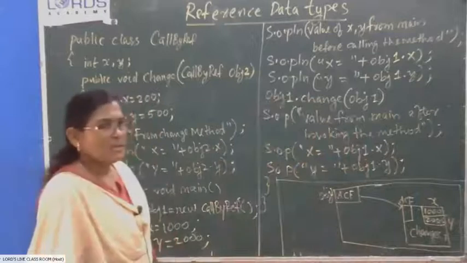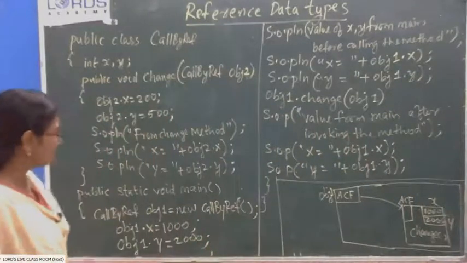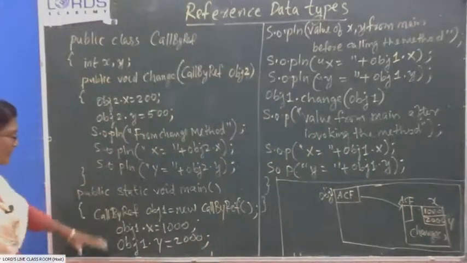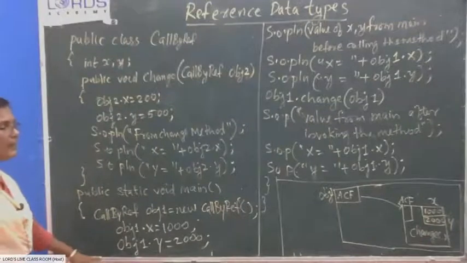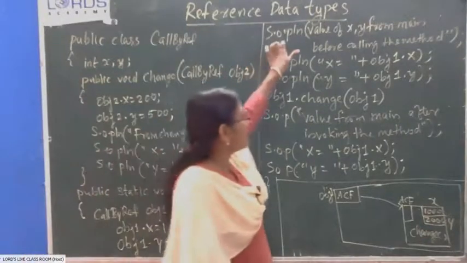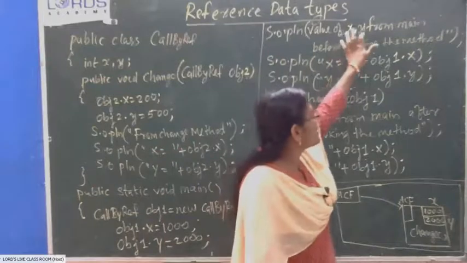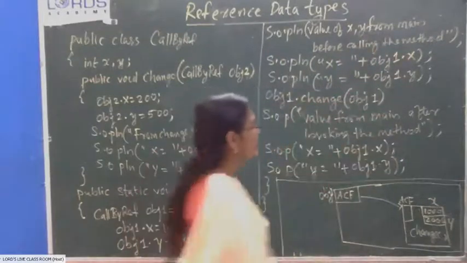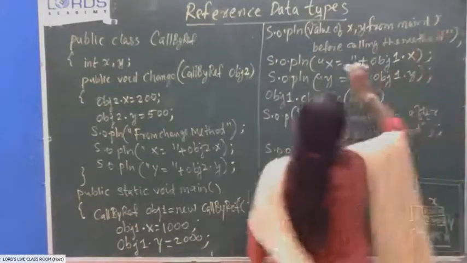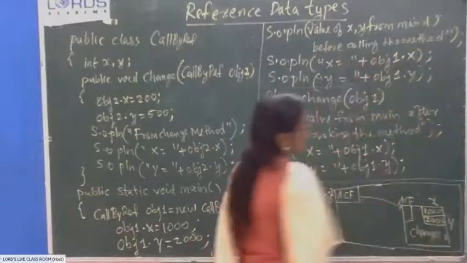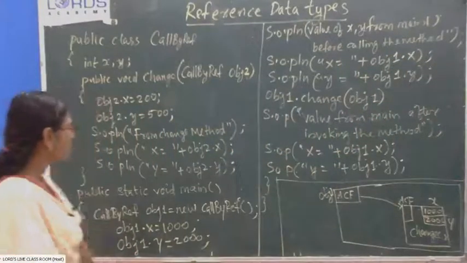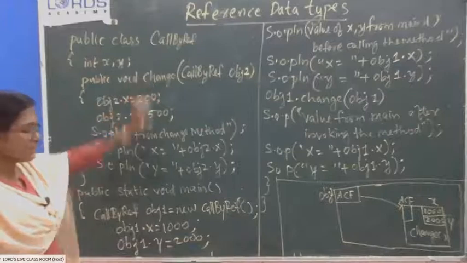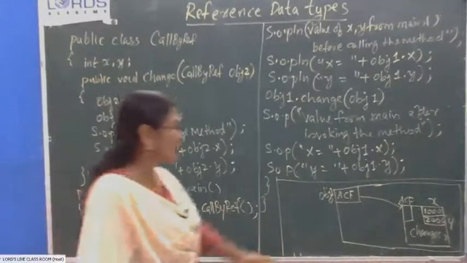Understood? Now I am going to display it in the main method. In the main method, I have given the command system.out.println value of x and y. Before calling the function, we did not call the change method. Before calling the change method, what is the value of x and y?